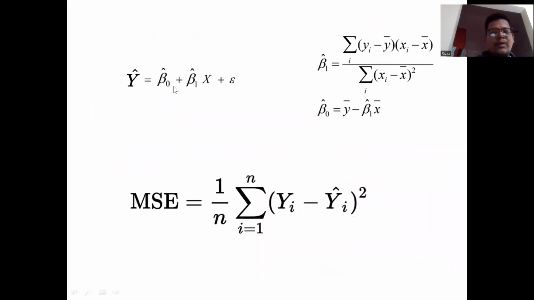How do we find beta naught and beta 1? This is the formula: summation of (yi minus y mean) times (xi minus x mean), divided by summation of (xi minus x mean) whole square. With this equation we can find beta 1, and with the means and this beta 1, we can find beta naught. In this way, we can get the y prediction.